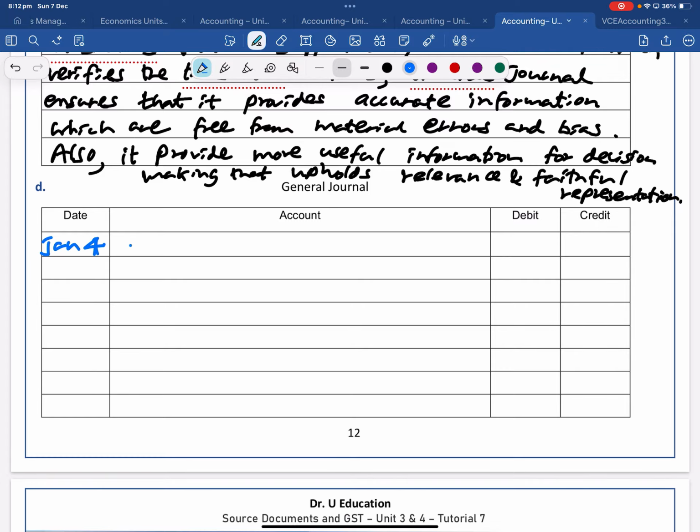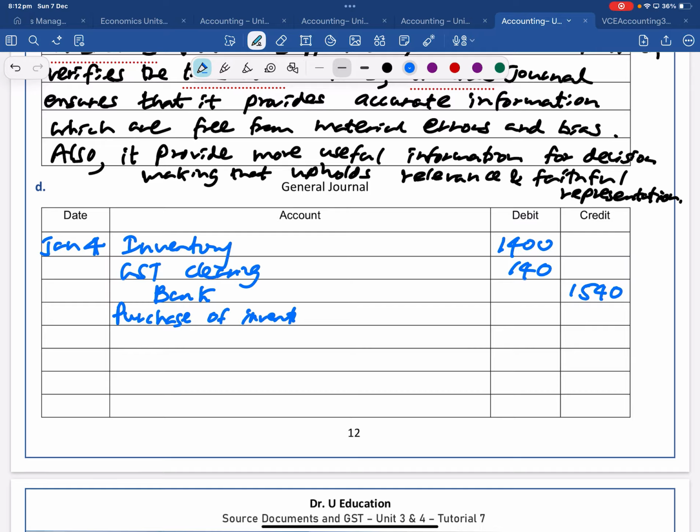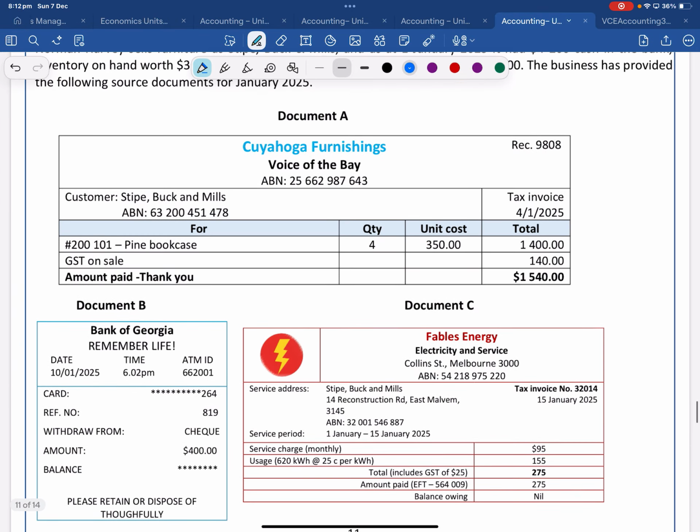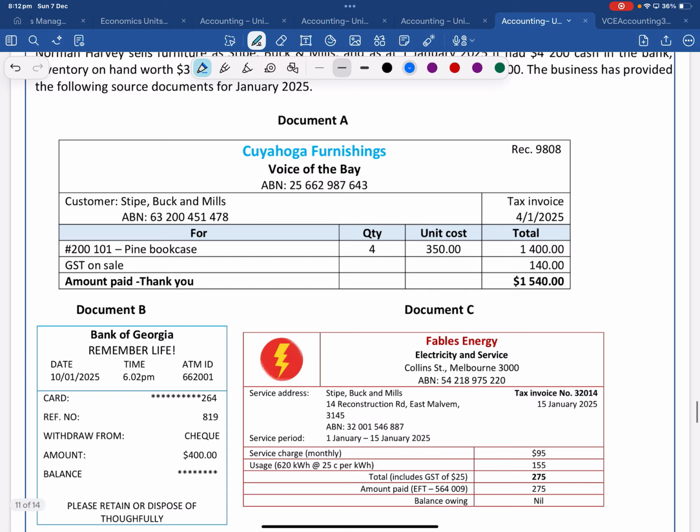How much? 1400. Then GST Clearing debit 140, and you credit the bank 1540. Then what's the narration? Purchase of inventory in cash. Receipt 9808.